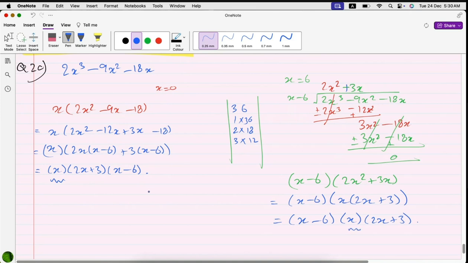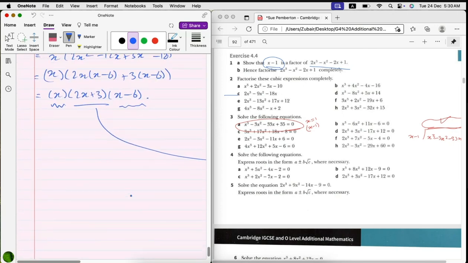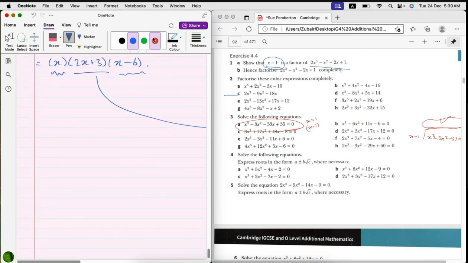So x, x minus 6, and 2x plus 3. Getting it? Yes. So I think I accidentally wrote the square, probably. I just copied it down wrong. Yep.